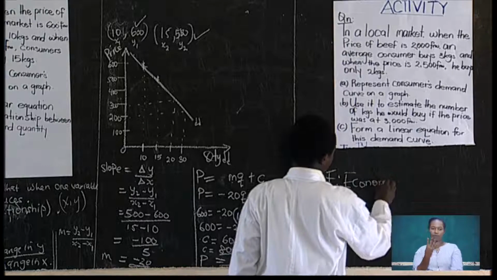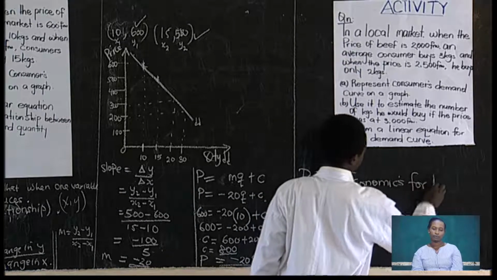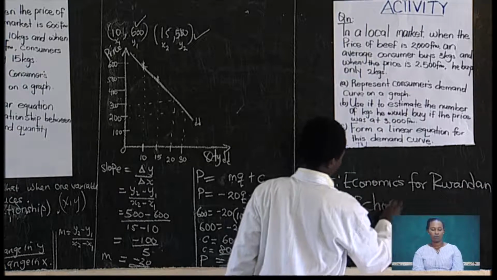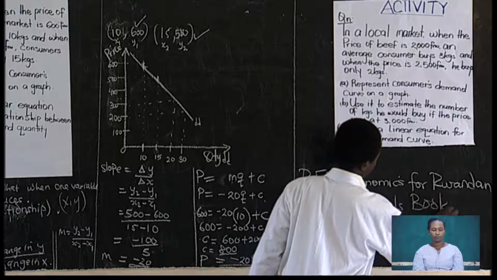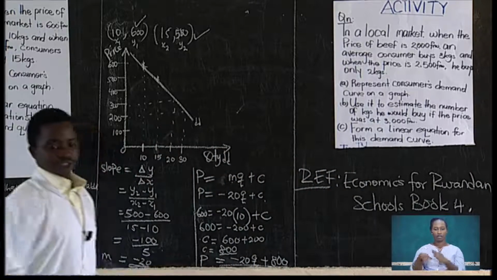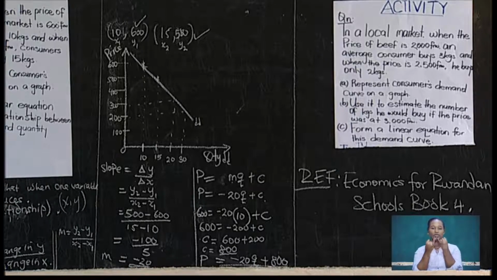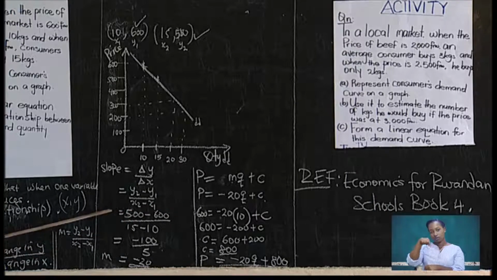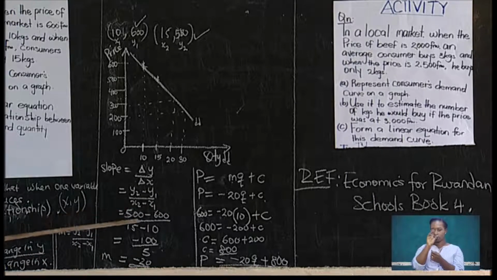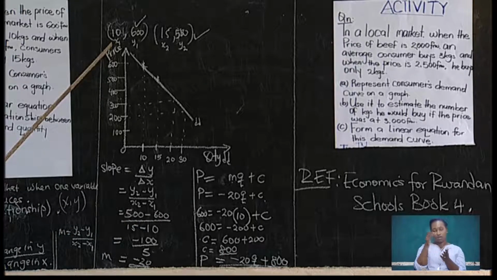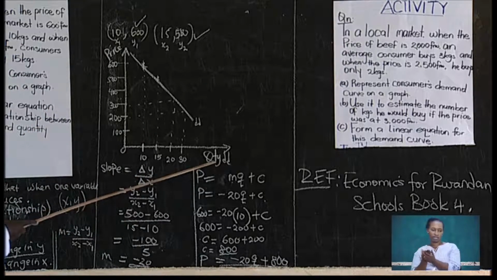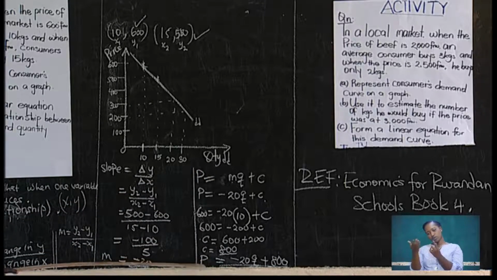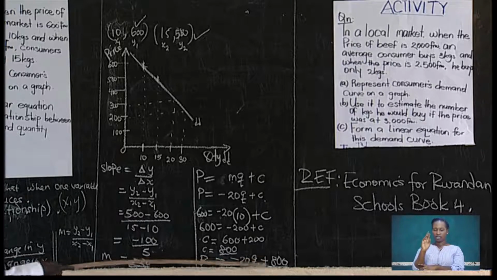You can check from there, then read more information. Price is plotted on the y-axis, and quantity demanded on the x-axis. And I expect you to come up with such a linear equation, with price being expressed in terms of quantity.